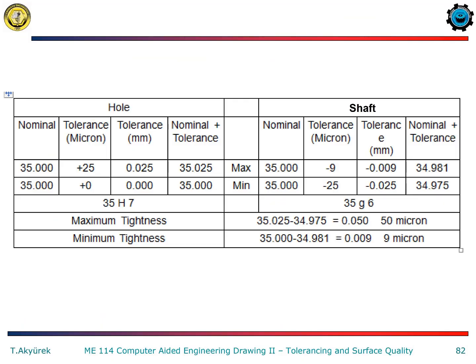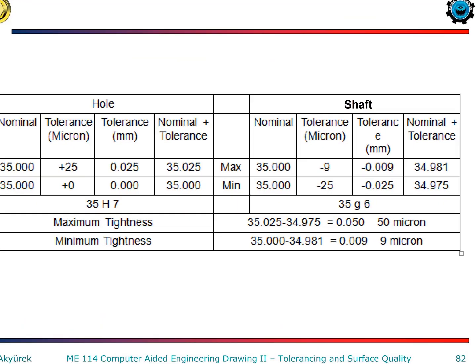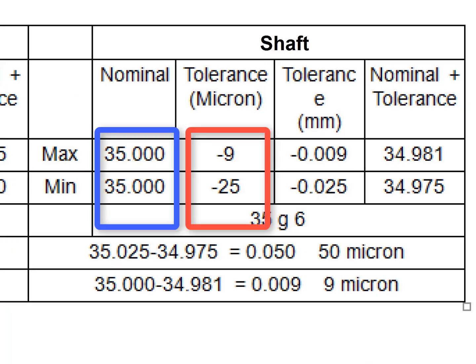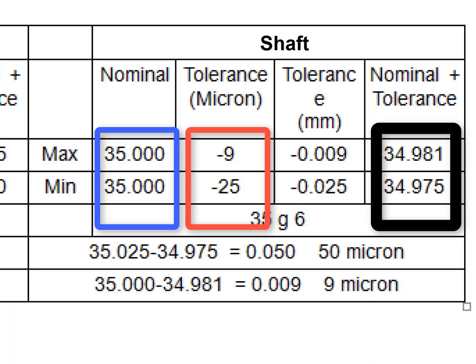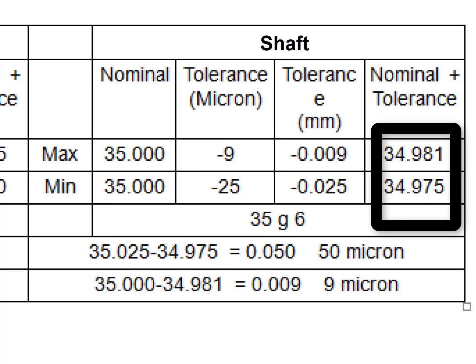We again put these values to the table and make the summation operation of these values to the nominal dimension. For this shaft tolerance bar both tolerance values are negative. And for this reason our maximum and minimum dimension will be below our nominal diameter. You can see the summation results. The maximum dimension is 34.981 mm and a minimum dimension is 34.975 mm.